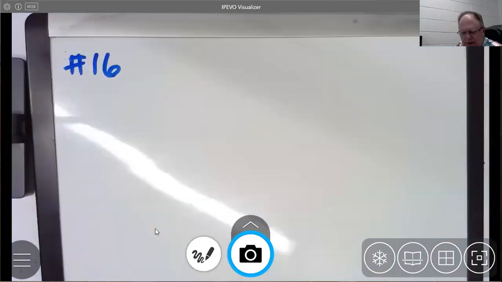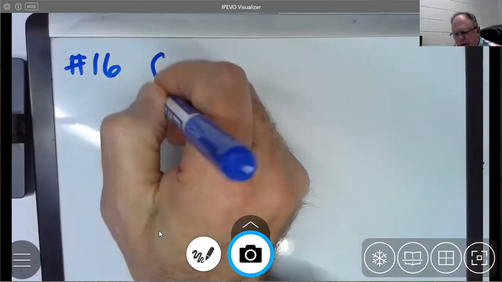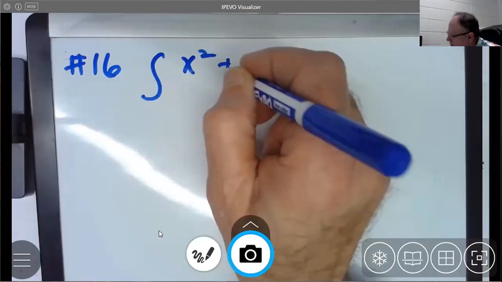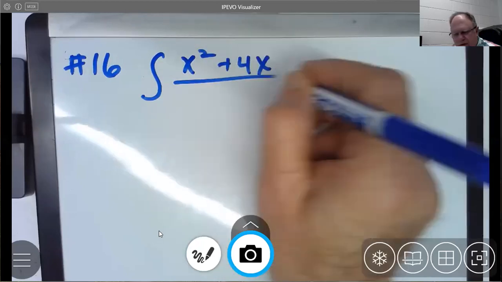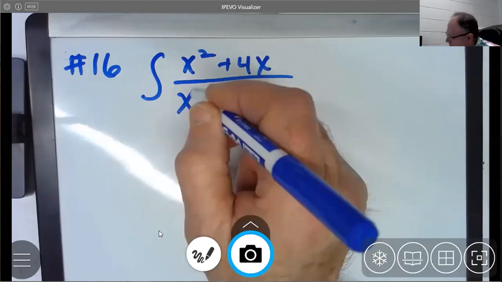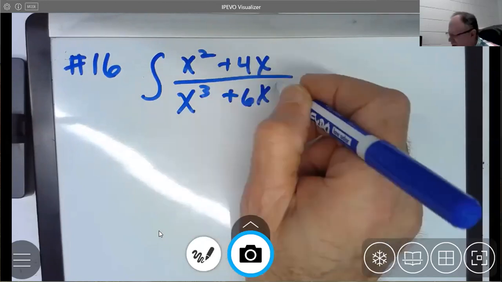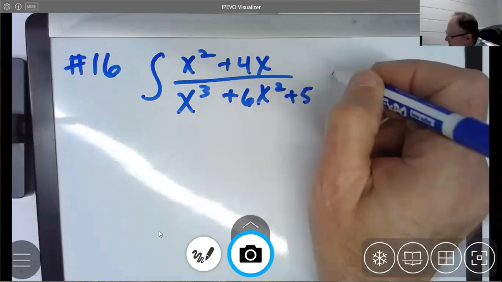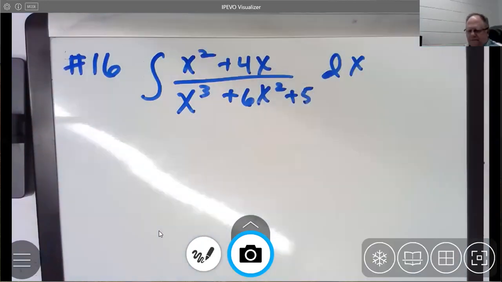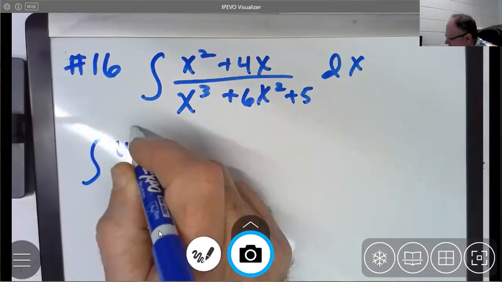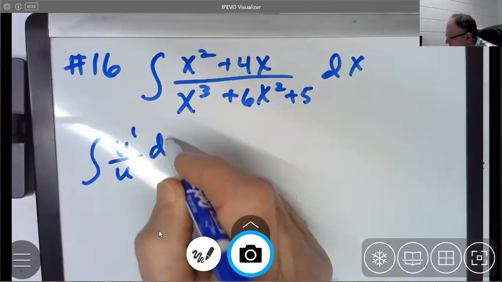Number 16. So we're going to integrate x squared plus 4x over x cubed plus 6x squared plus 5 dx. Okay, so we're looking at the integral of u prime over u dx.